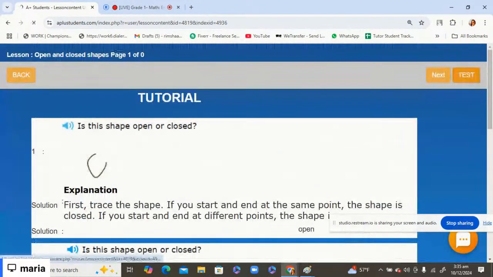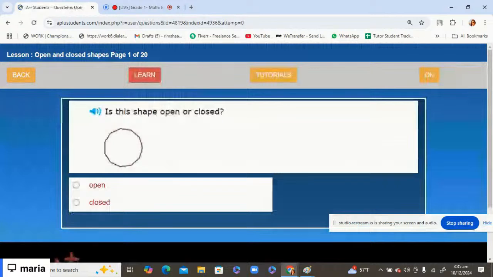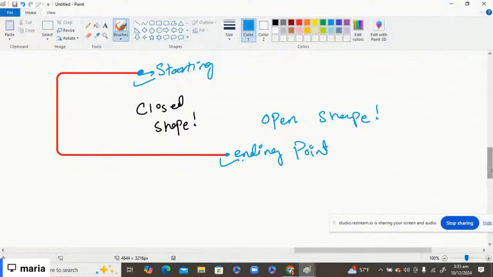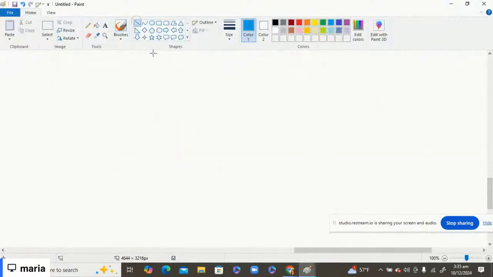Let's do some test questions, then you're more able to understand. Look at this shape. Is this shape open or closed? Look, it start like this way, starting point at here, then it makes like this.